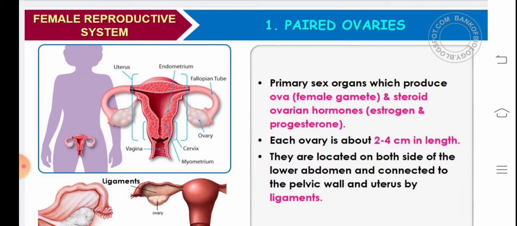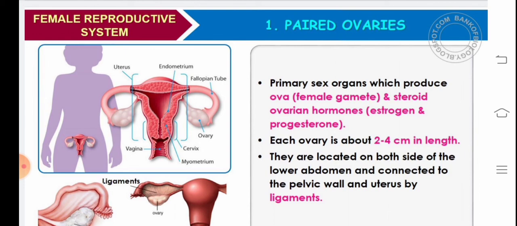The function of estrogen is that it is responsible for secondary sexual characters in females, that is enlargement of mammary glands, growth of hair in the armpit, menstrual cycle, etc. The function of progesterone is that it is a very important hormone during pregnancy.